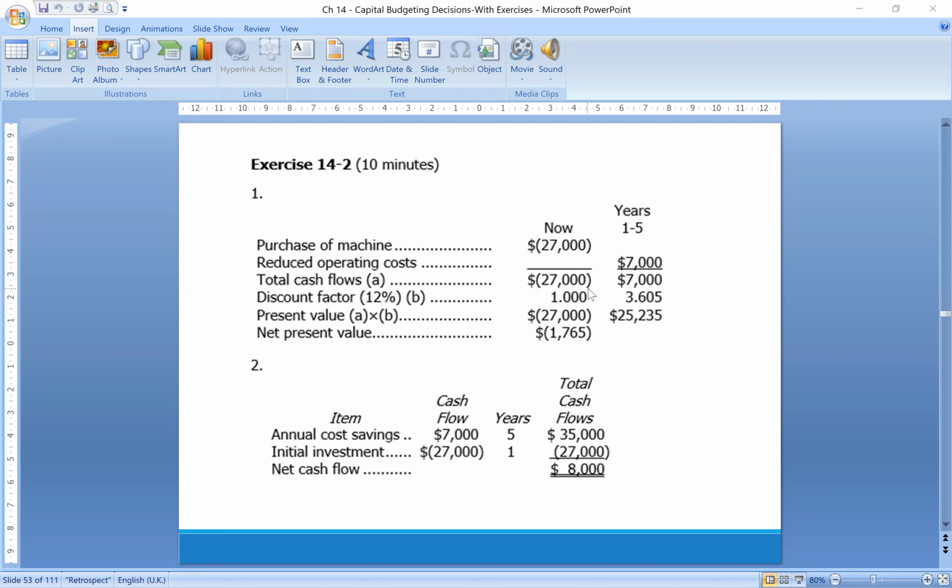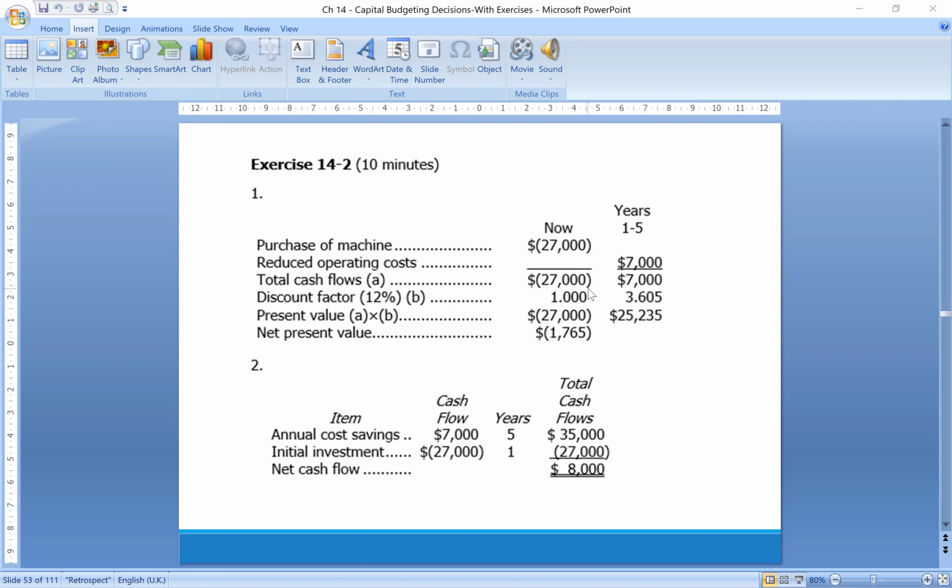Net cash inflows to be saved during the 5 years, and we do have already 27,000 to be paid once. So what is the net present value? If you like, you can draw the table in another way to say 27,000 negative multiplied by 1 time or factor.